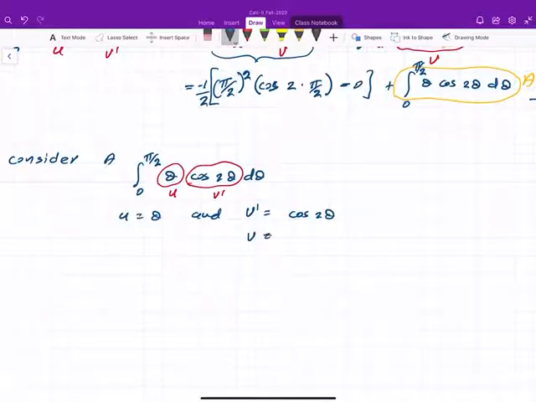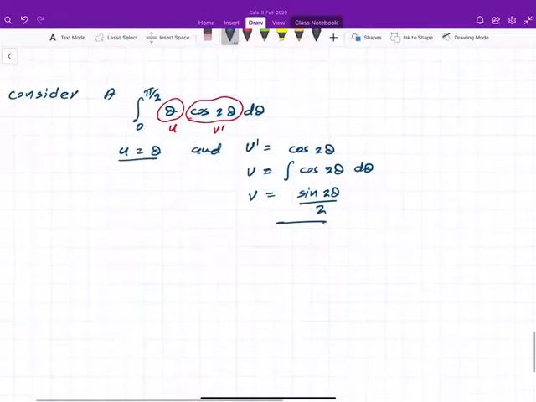Since v prime equals cos 2 theta, v should be the integration of cos 2 theta. So the integration of that one should be sine 2 theta over 2. Then that is u, that is v.